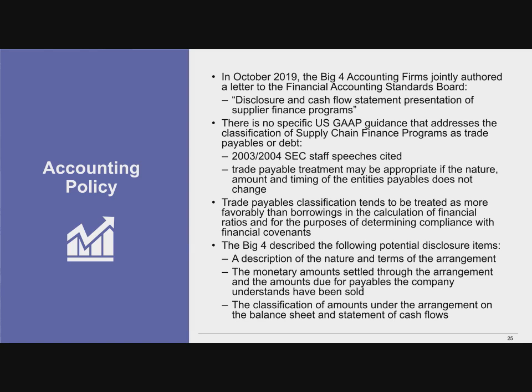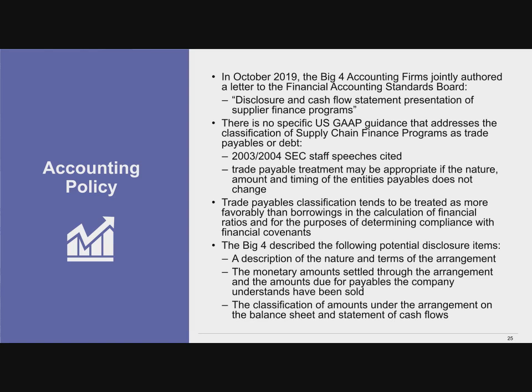So the Big Four asked FASB to look at the following potential disclosure items: the nature and terms of the arrangement, the monetary amounts involved, and the amounts due for payables the company understands have been sold. In other words, the amount being put through these programs.